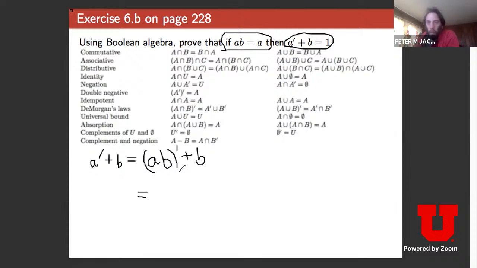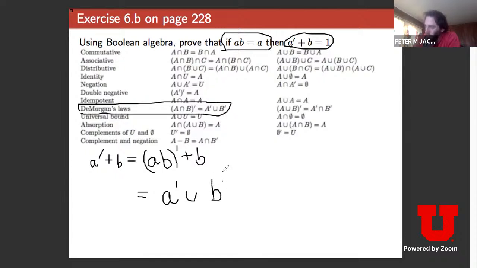Yes, De Morgan's rule. That's a great idea. So we have this (AB) prime, so we're going to apply De Morgan. Using our Boolean algebra notation, this is going to be A prime plus B prime plus B. Sorry, not a union.